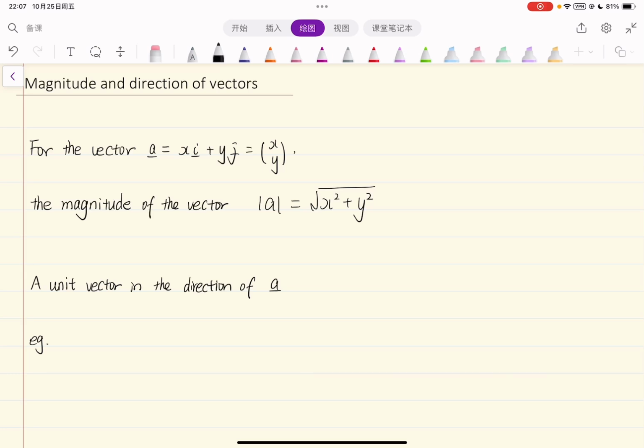Recall that the unit vector is any vector with magnitude 1.